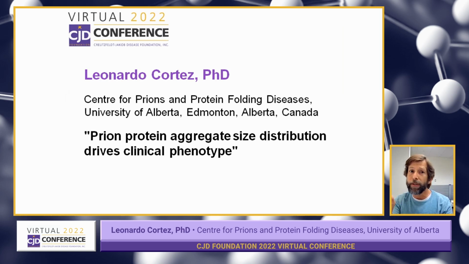So each brain region is a very unique environment that can favor one particular population or one particular type of prion. Then the consequence of that is that we will have different degrees of damage in different regions of the brain, with the consequent different symptoms for that disease.